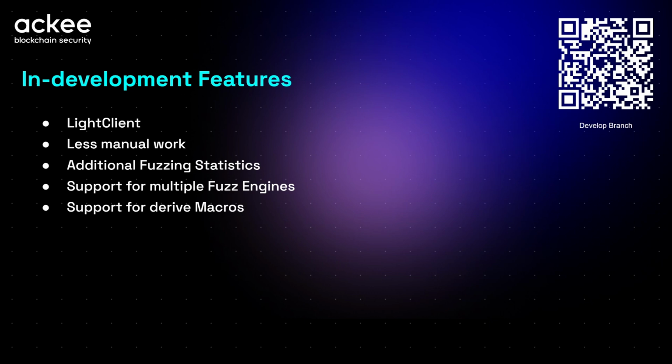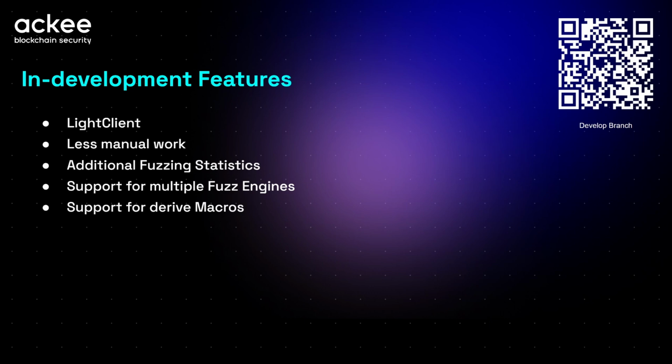The QR code leads to the develop branch. For the latest updates or implementations which are not yet released, you can check the develop branch and have a look at what is in the development process and what will be released.